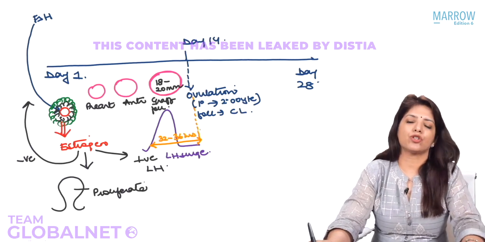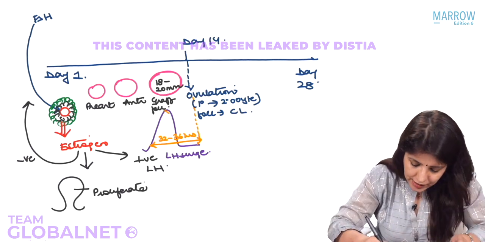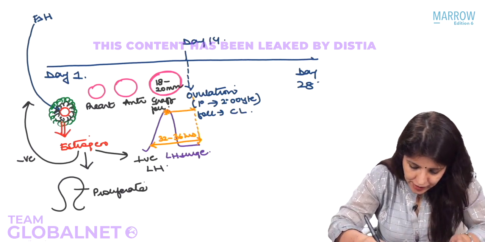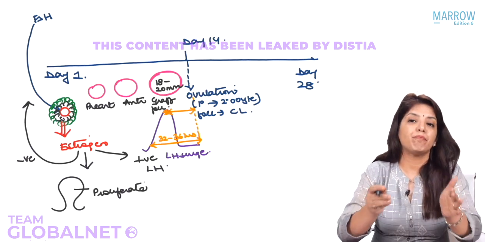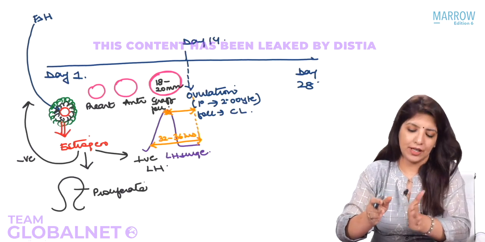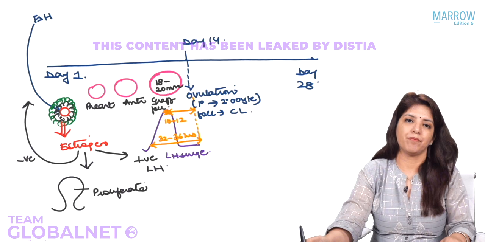But if they ask you what is the time interval between LH peak, this is LH peak. Right? This interval if they are asking you. The time interval between LH peak and ovulation, that is 10 to 12 hours, right?